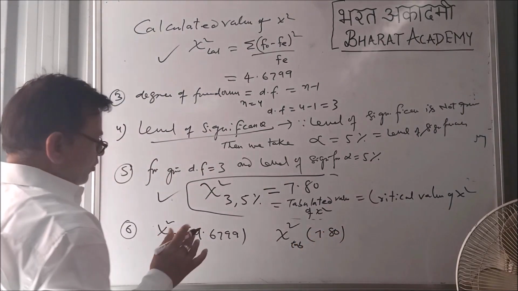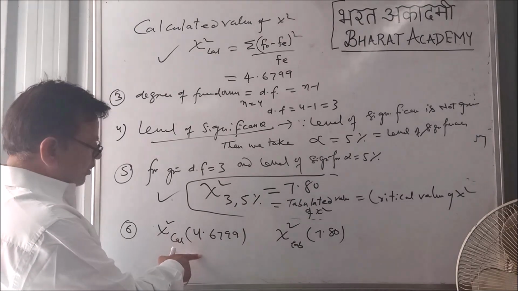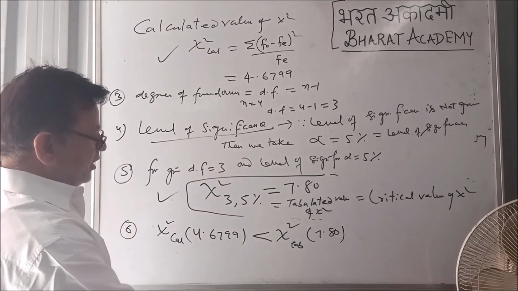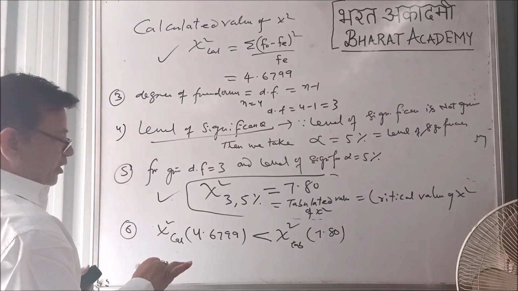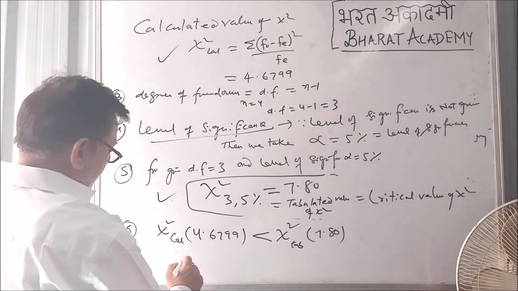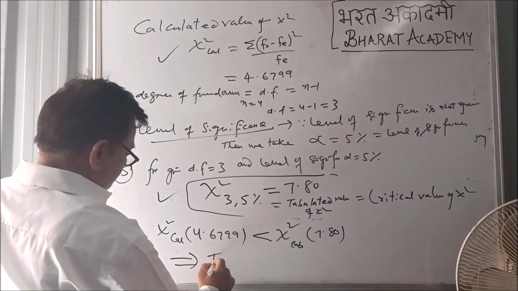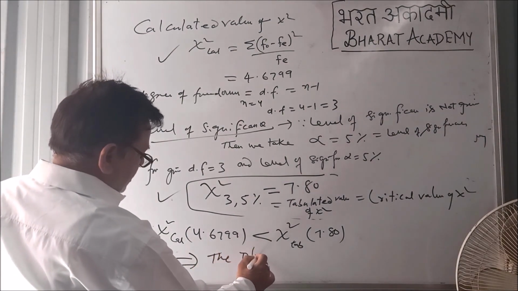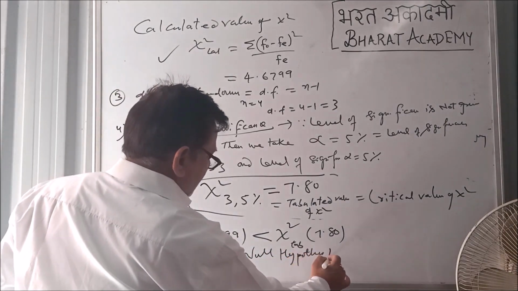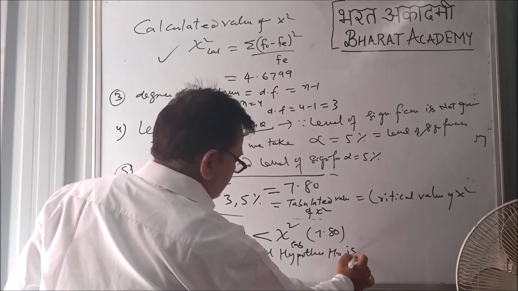So it's quite clear that calculated value is less than chi-square tabulated value. So if the calculated value of chi-square is less than tabulated value of chi-square, it means the null hypothesis H naught is accepted.